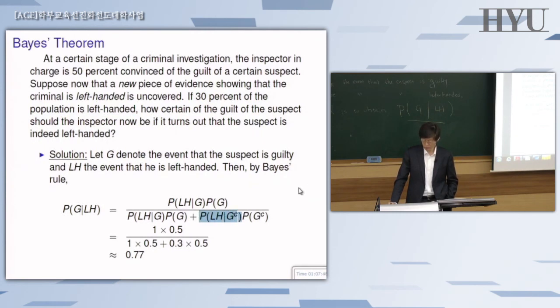That's the only rather tricky part. The rest is straightforward. P of G complement is 1 minus P of G, still 0.5 because P of G is 0.5. If you compute these 6 different numbers correctly, you get probability 0.77, which is pretty high.